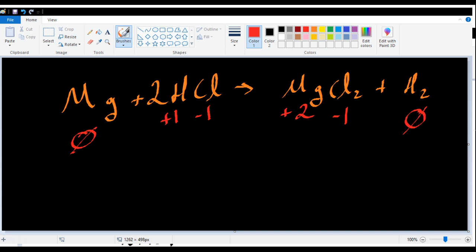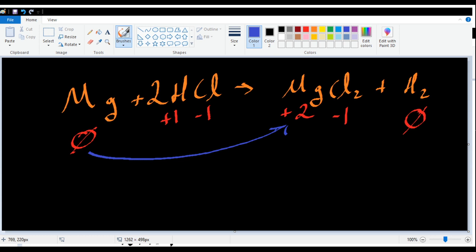So, chloride is just a spectator. It's not doing anything in this particular reaction. Meanwhile, we have magnesium going from 0 to +2. Its oxidation number is increasing, becoming more positive.